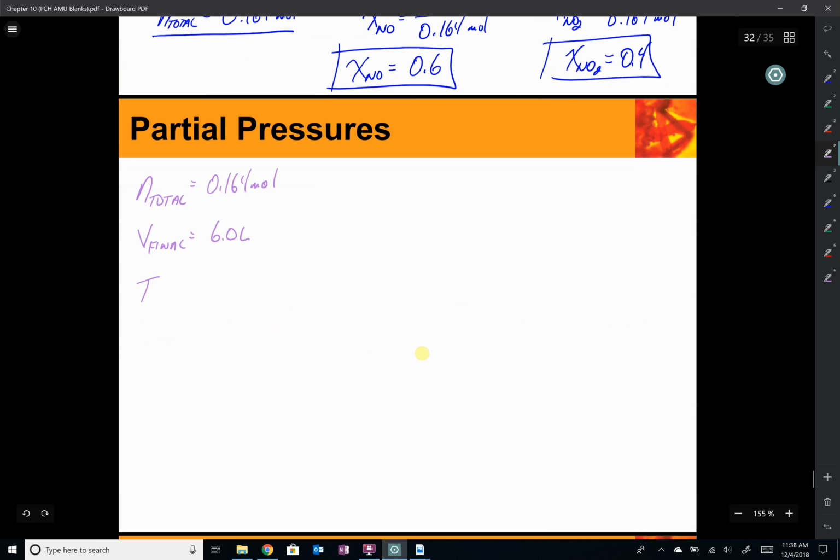Our temperature, we have to assume, didn't change. Otherwise they would have had to tell us. And R never changes because it's a constant.